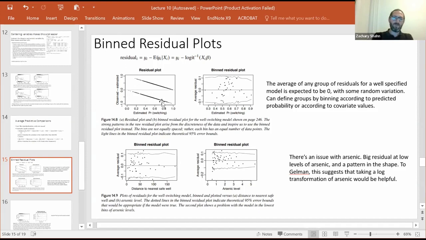However, if you take averages of the residuals in bins, in any given bin, the expected value for the residuals, if the model is properly specified, is 0. If the model is properly specified and you're predicting 99%, it should be the case that 99% of the dots here have a residual of 1%, observed minus predicted.